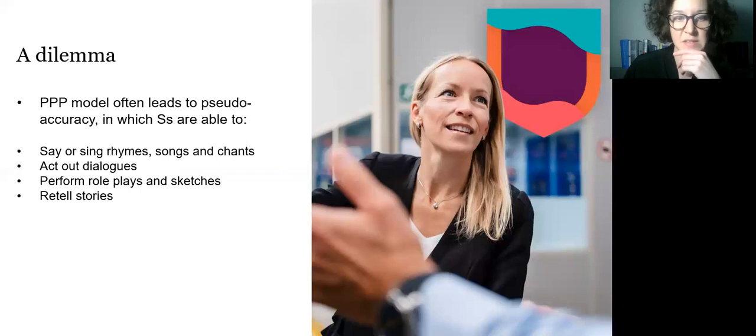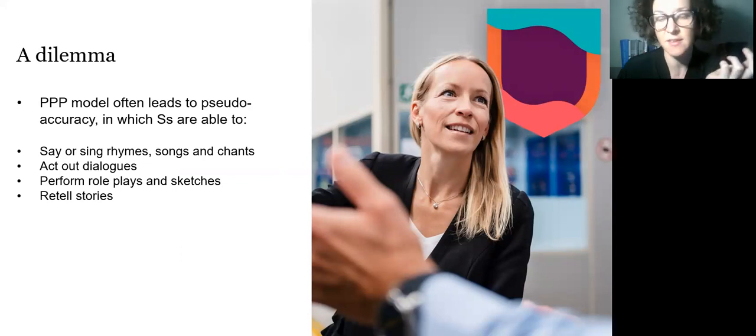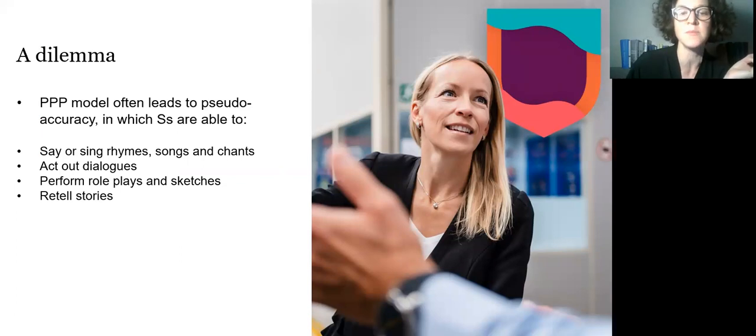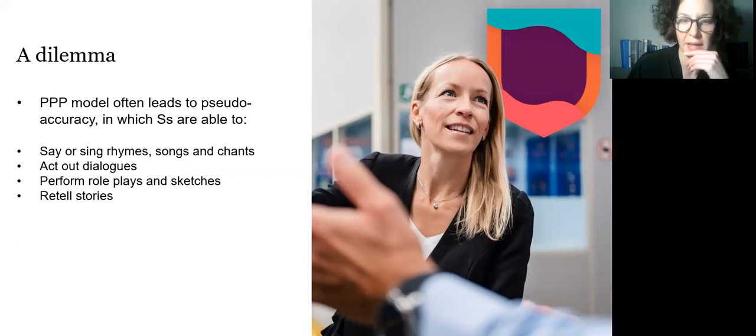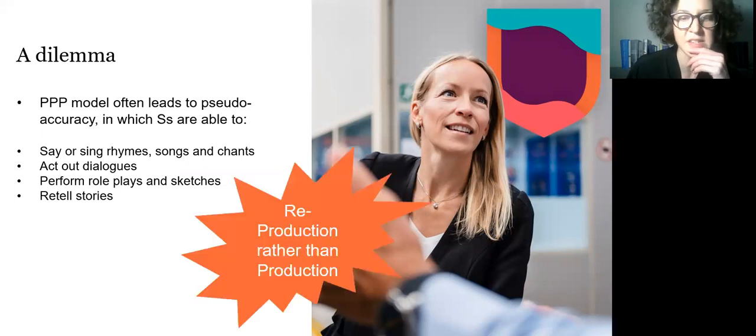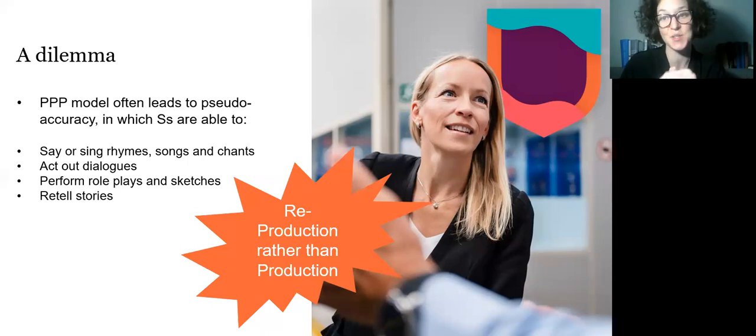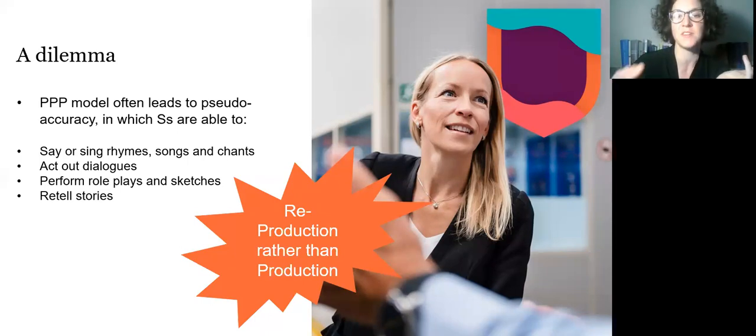A dilemma of this model is that it often leads to pseudo accuracy, where students are able to say the rhymes, sing songs and chants, act out dialogues, perform role plays and sketches, retell stories, but this is all reproduction rather than production, which we aim at in this model. And unfortunately, when we start with presentation and practice, we often have reproduction at the early stage of teaching.